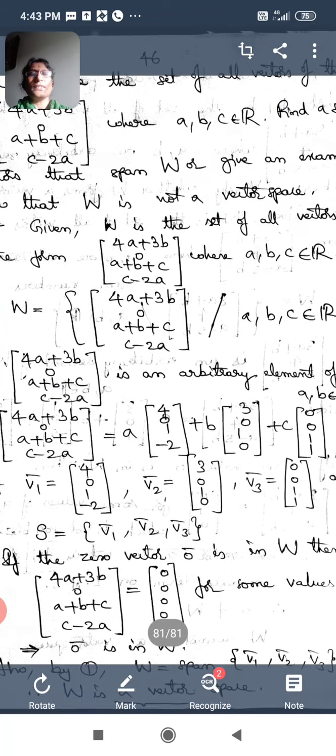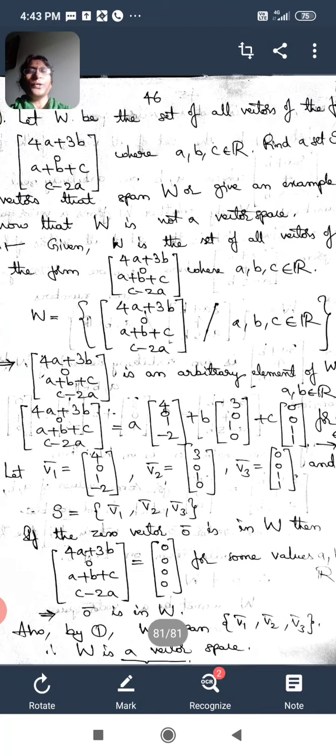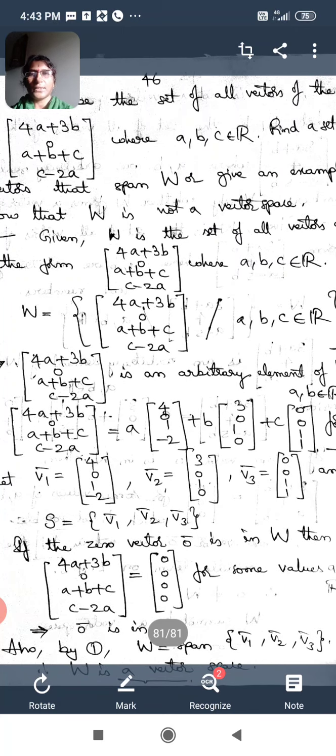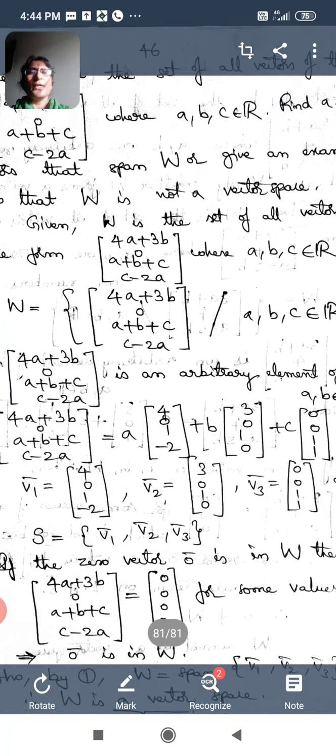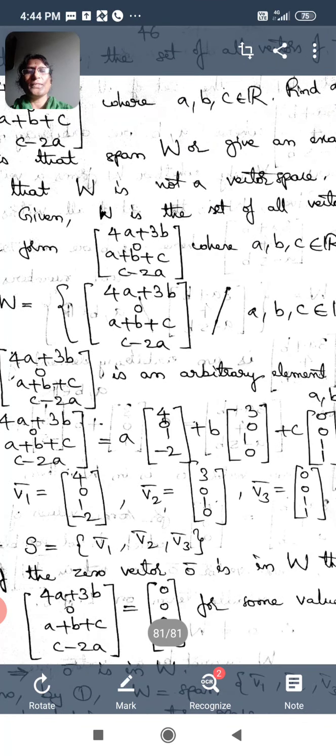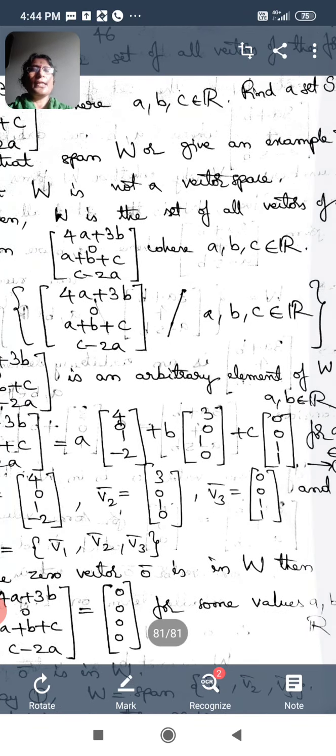If this is so, then the set W in set builder form can be written as the set consisting of all the 4 by 1 column vectors of the form 4a plus 3b, 0, a plus b plus c, c minus 2a, such that a, b, c are real numbers.